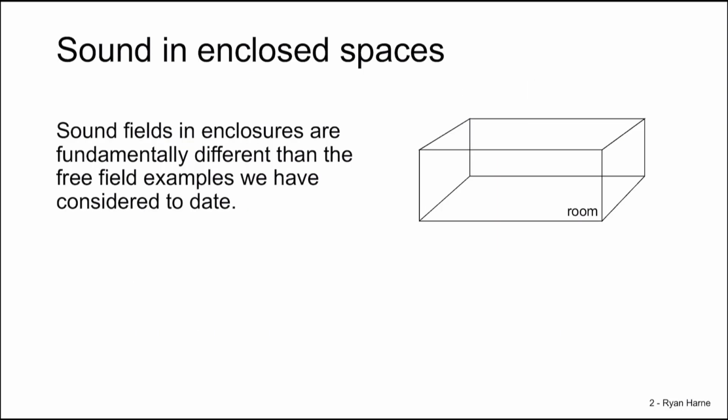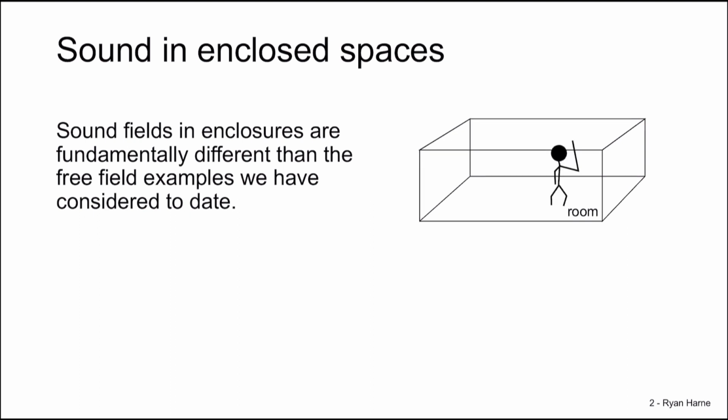In this video, we'll learn how sound builds up and decays in enclosures like rooms. So let's get started. We know intuitively that the sound fields in rooms or enclosures are fundamentally different than the sounds that we hear outside in the free field.